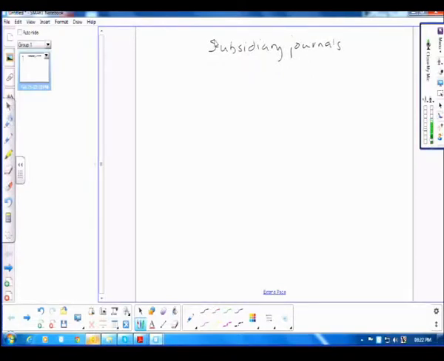So the books we use to record. The first category is the books that we use to record transactions involving cash. You can see the key word here, cash.